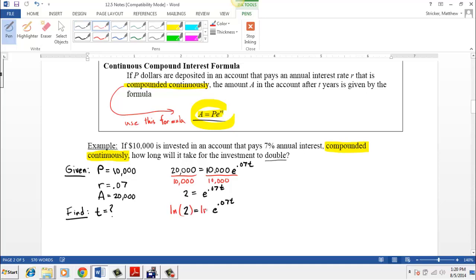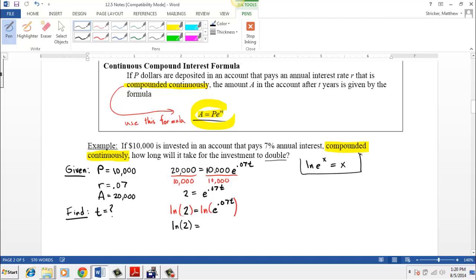But because this uses an exponent with base e, something very nice happens on the right-hand side. You remember how this works from the last section? So we have ln 2, but on the other side, remember that the ln of e to the x is just what? It's just x.